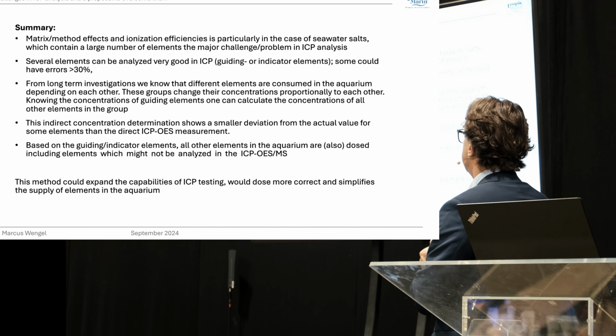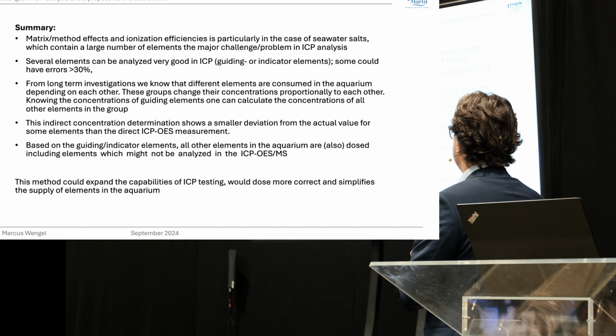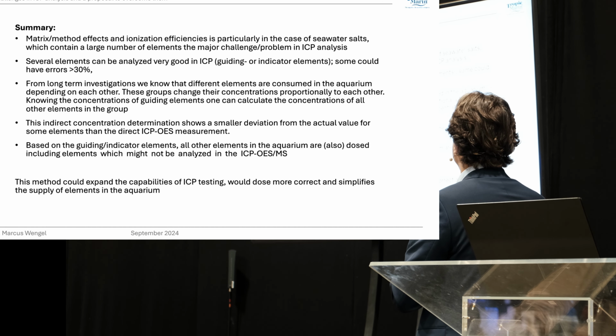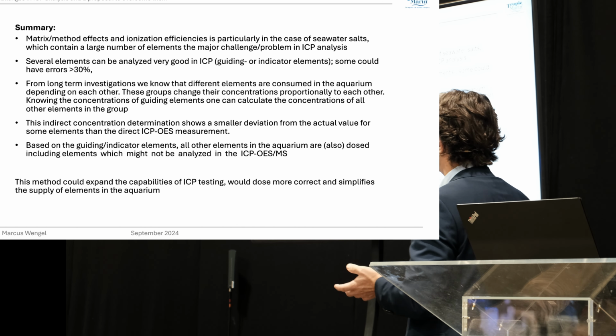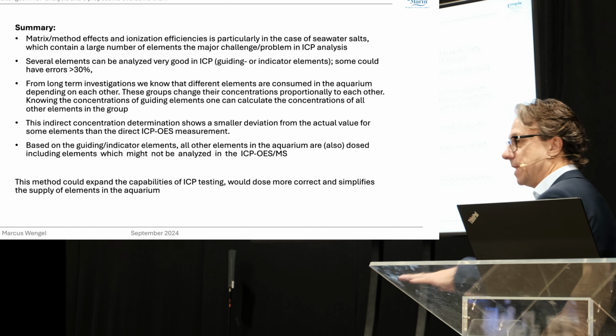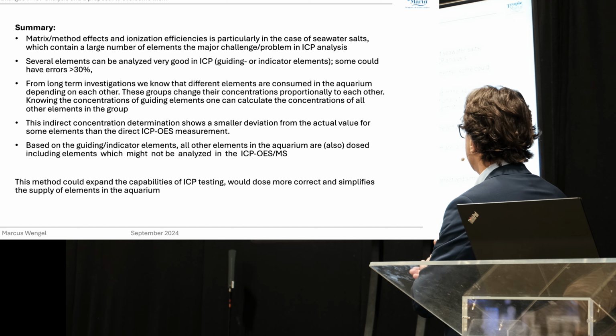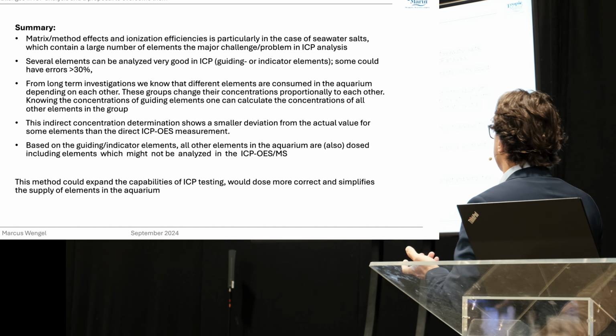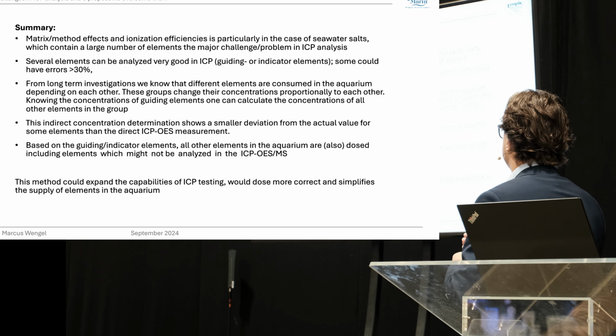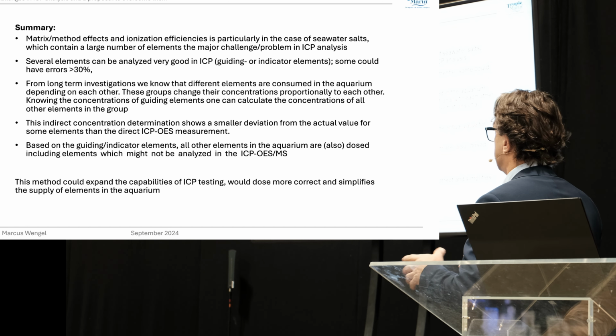From long-term investigations, we know that different elements are consumed in the aquarium depending on each other. These groups change their concentration, as I told you, in the same proportion to each other. Knowing the concentration of these guiding elements, one can calculate the concentration of all other elements in the group.